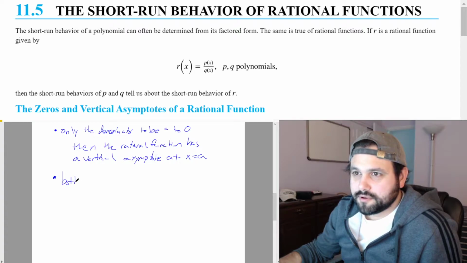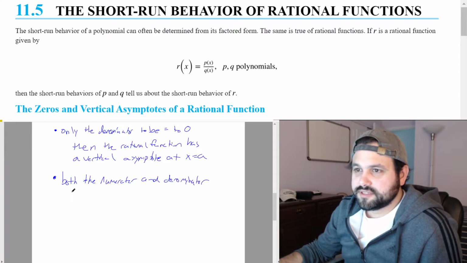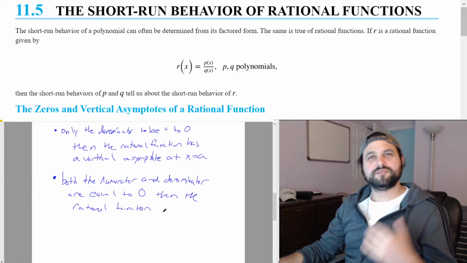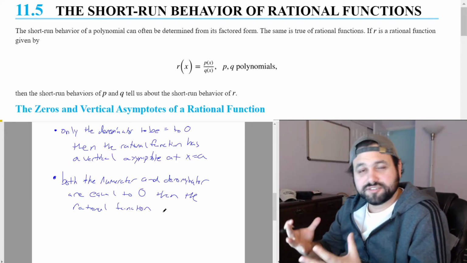Well, how about both the numerator and denominator. So both the numerator and denominator are equal to 0. Then the rational function, and this is where you would have something like 0 divided by 0, which doesn't really make sense.